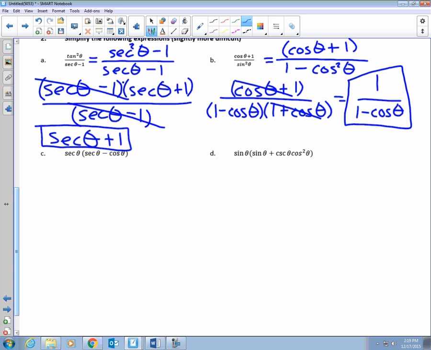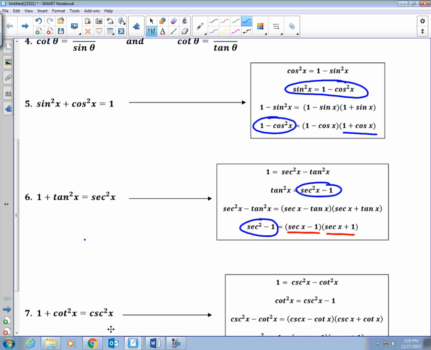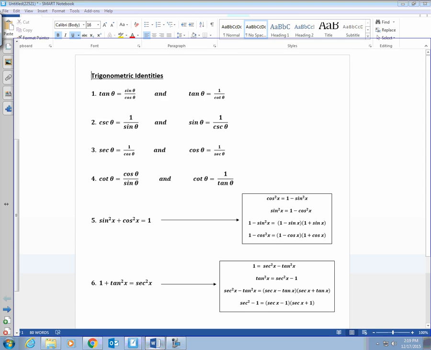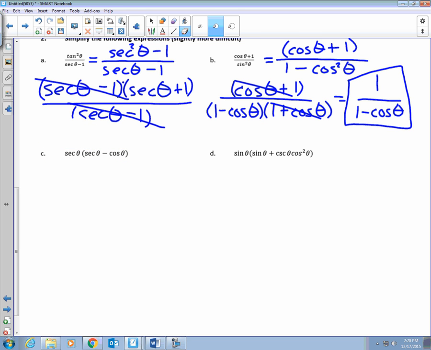Okay. With C, there are no squareds, are there? As you look at your sheet right here, there's a lot of things you can substitute as long as you have a squared. If you don't have a squared, there's not many things that we can really substitute. So, for C, what could I do to get a squared? It's already factored.